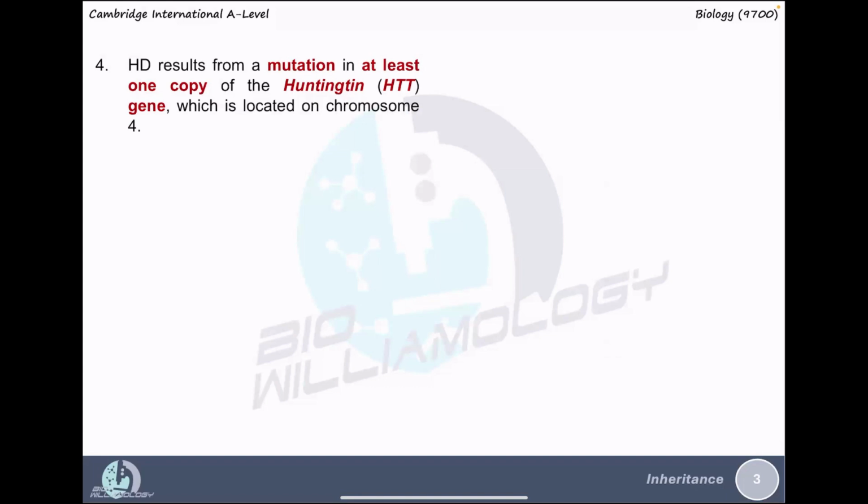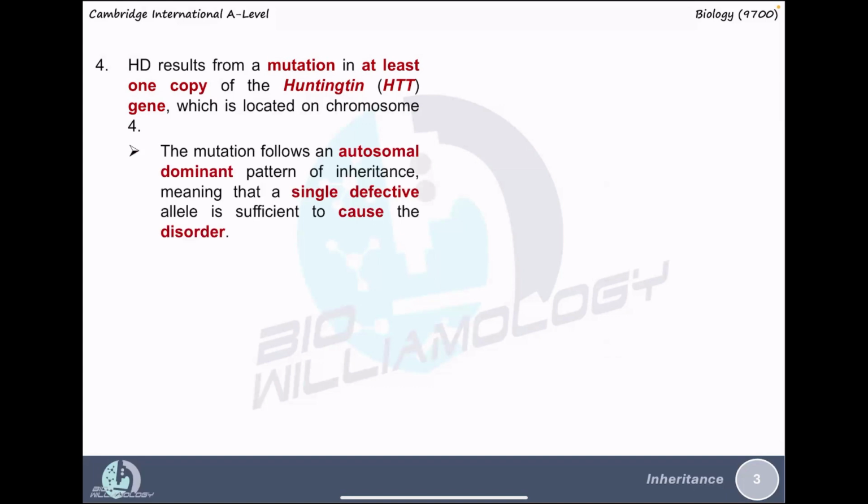Huntington disease results from the mutation in at least one copy of the Huntington gene, which is located on chromosome 4. The mutation follows an autosomal dominant pattern of inheritance, which basically means a single defective allele is sufficient to cause the disease.